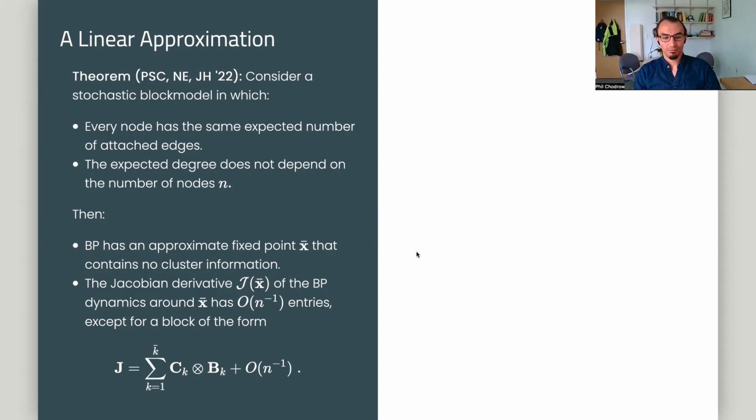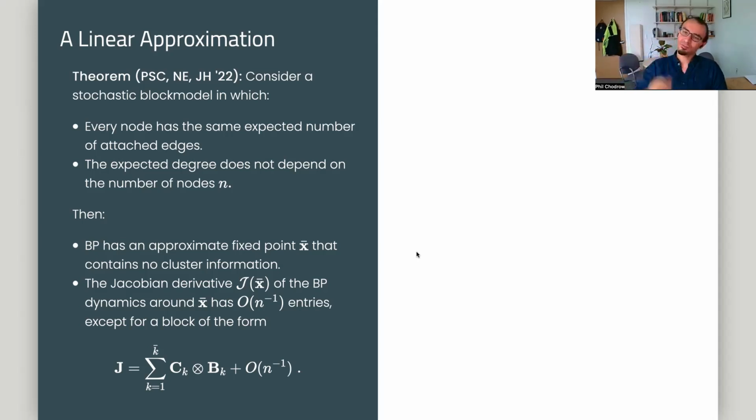And furthermore, when we consider the Jacobian matrix, the derivative around this uninformative fixed point, there are actually entries that are vanishingly small, except for a specific block that has the form at the bottom here. So this is J, which is the block of the matrix that I'll care about.